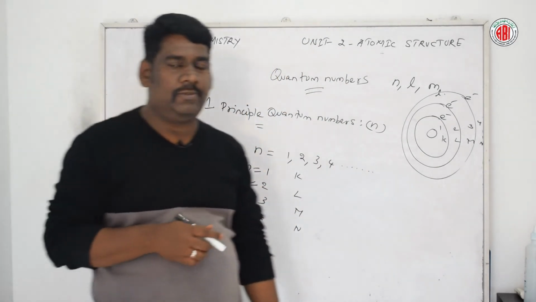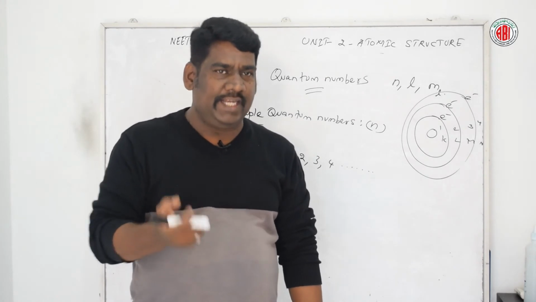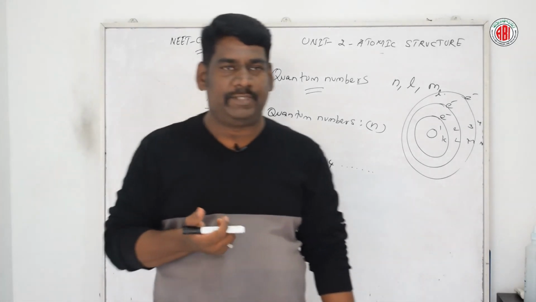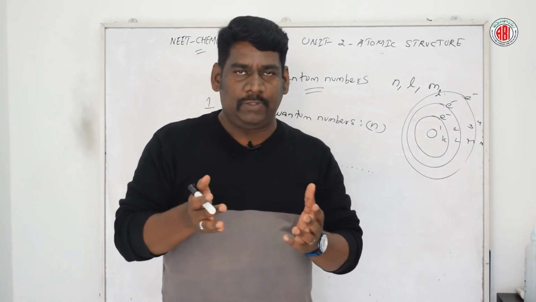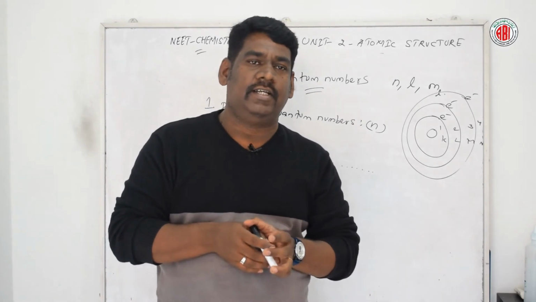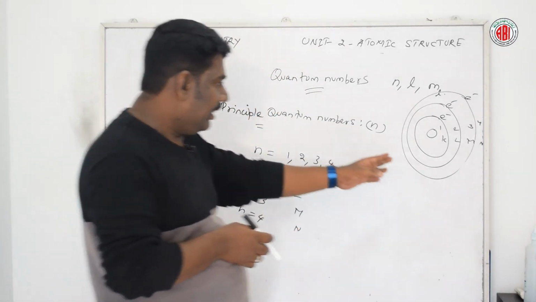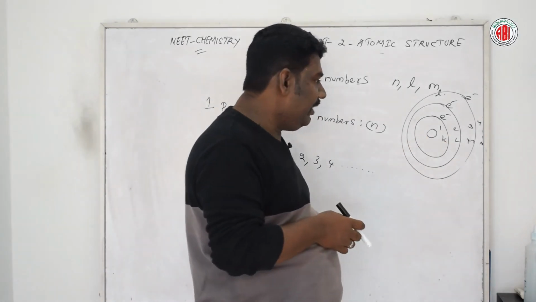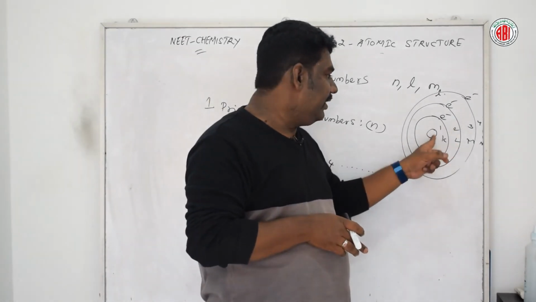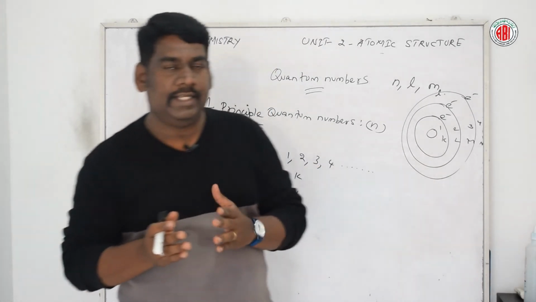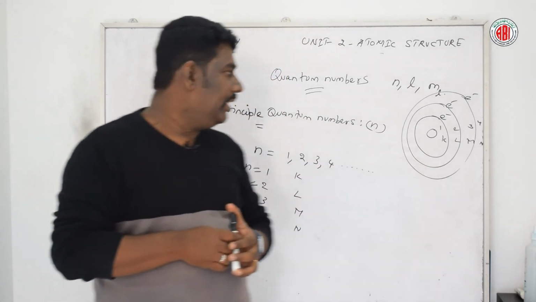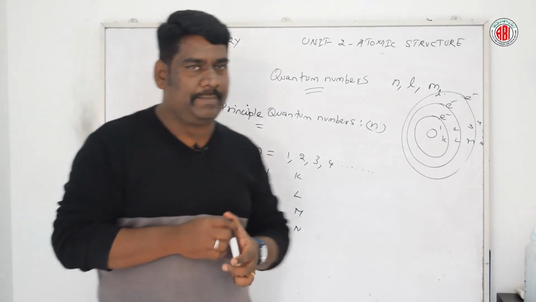Now let us talk about what information we are gaining from this principal quantum number. First information, this principal quantum number gives the average distance of the electron from the nucleus. The distance between the electron and the nucleus could be calculated on average by knowing this principal quantum number.